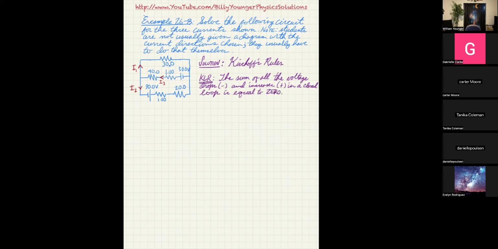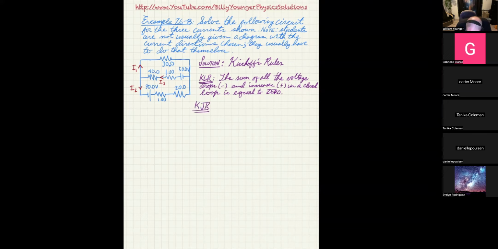So in other words, if you add up all the voltage changes going in any closed loop, so you start at one place on the circuit, you take any path you want, doesn't matter whatsoever, but return to that one spot again, then all the voltage increases and decreases should add up to give you 0. That's Kirchhoff's loop rule.